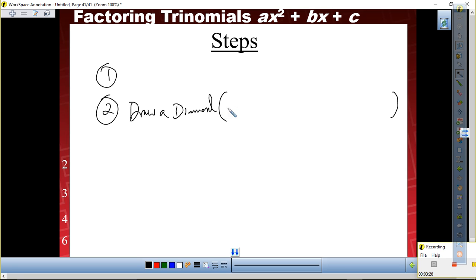Put the third term on top and the second term on the bottom. Okay, so we use what?